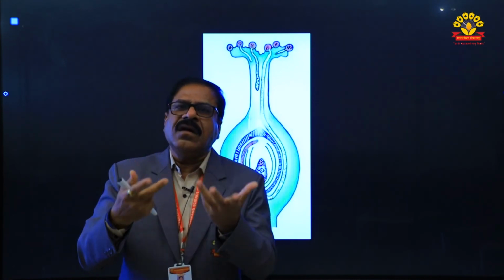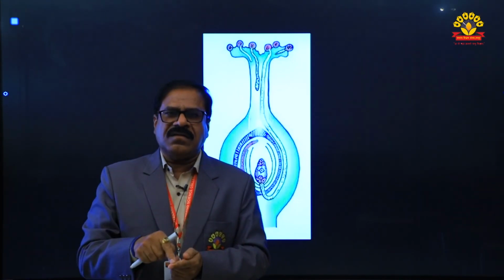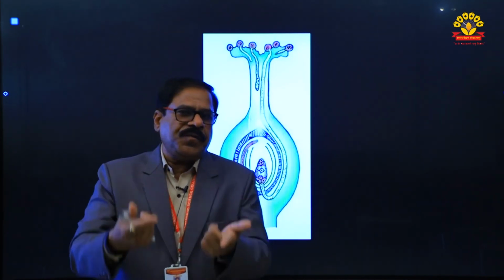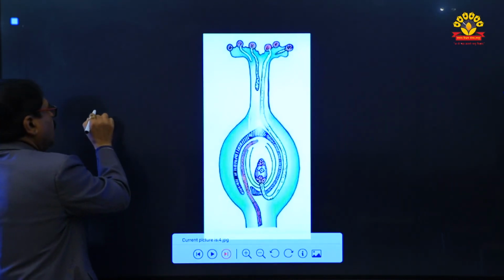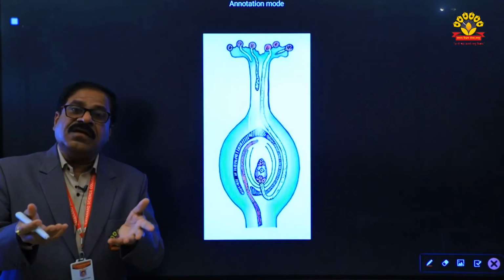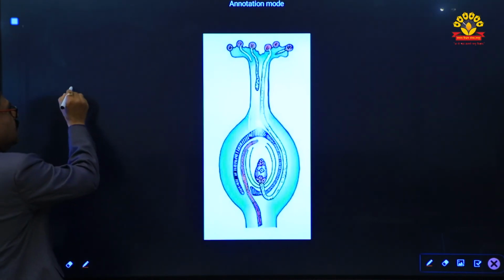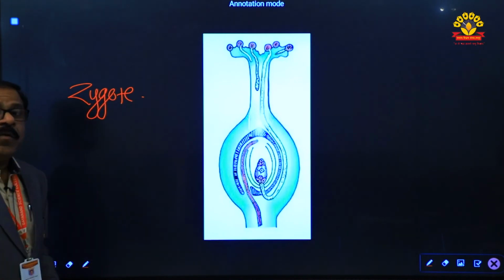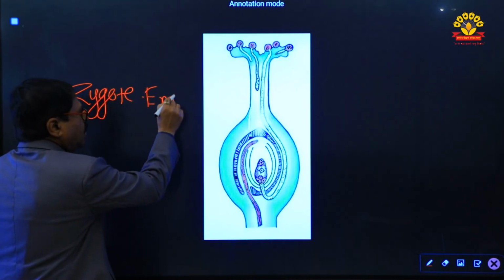It is known as double fertilization, where syngamy results in the formation of zygote and triple fusion results in the formation of triploid primary endosperm nucleus. Thus, syngamy results in the formation of diploid zygote, and this diploid zygote ultimately develops into embryo.